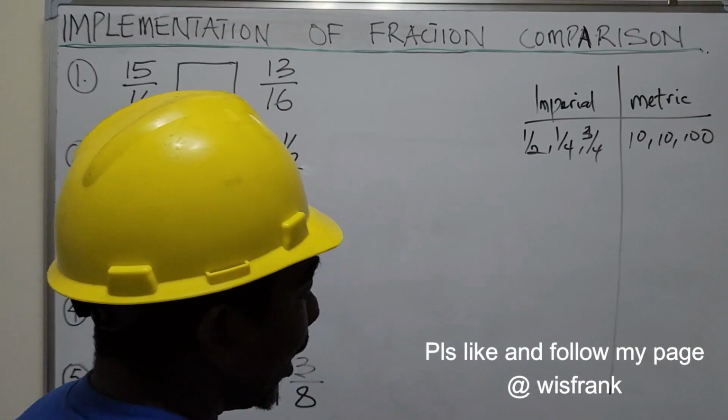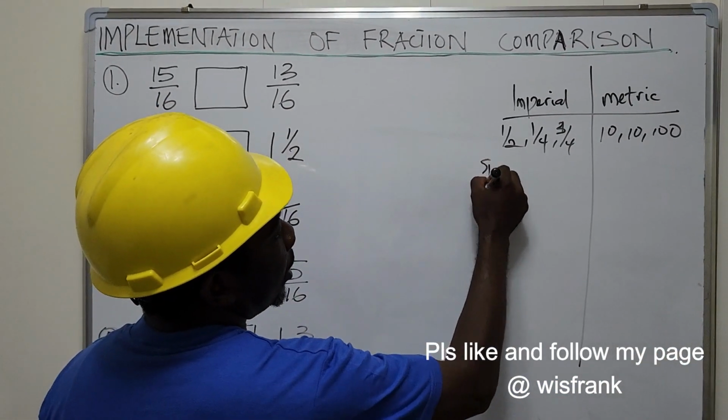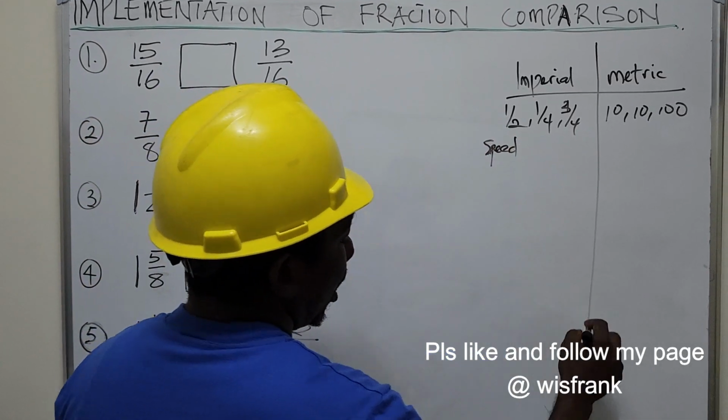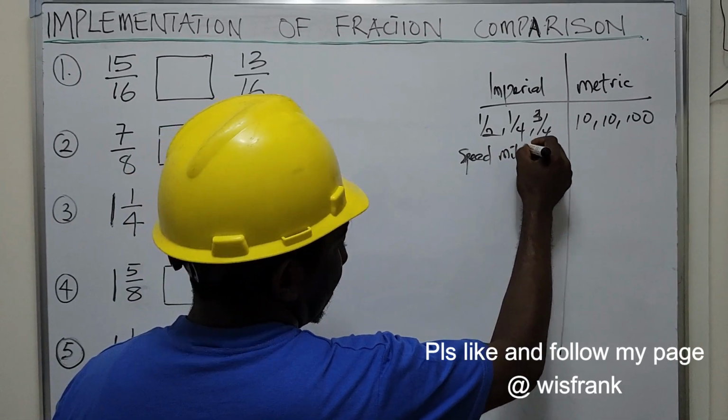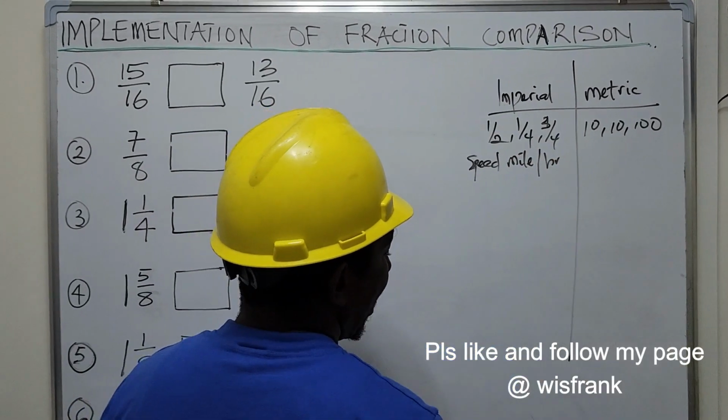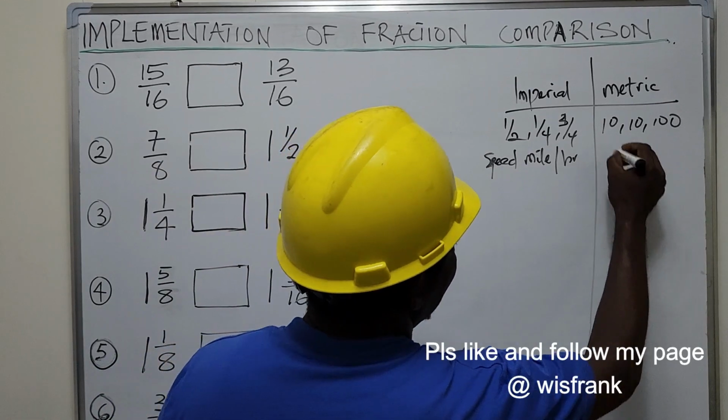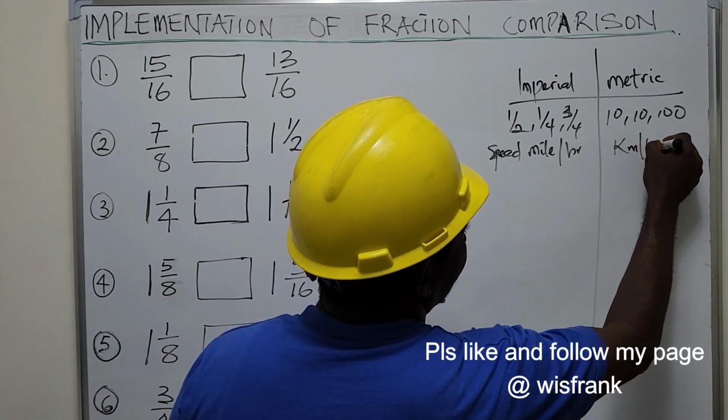In speed, the imperial system of unit is mile per hour, while in metrics we have kilometer per hour.